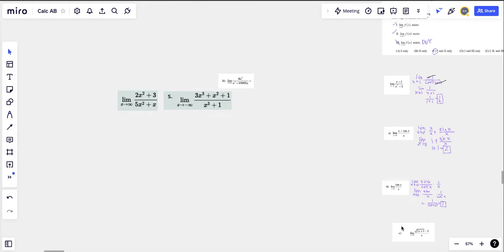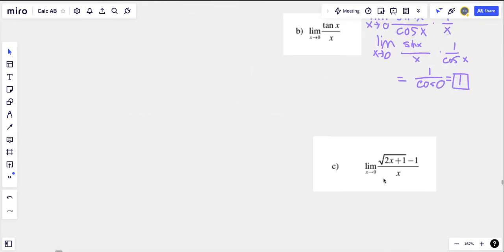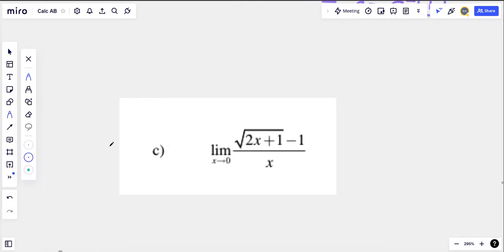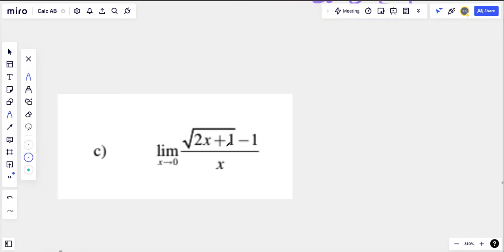And then for this one is another conjugate question. So you just multiply it by the conjugate. Whenever you see it like this, it's usually conjugate. And again, if you were to try plugging in 0 on the first step, you'd get 0 over 0, or something similar.